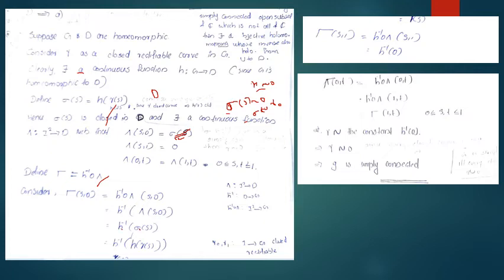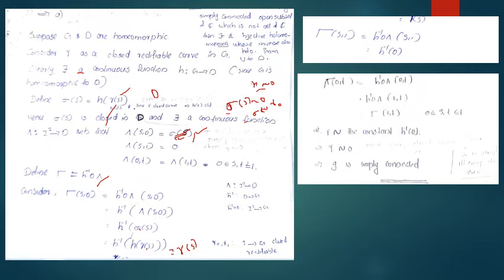H inverse of gamma of S0 is sigma of S, that means H inverse of H of gamma of S. H inverse and H get cancelled, and finally we get gamma of S. So capital gamma of S0 is small gamma of S.